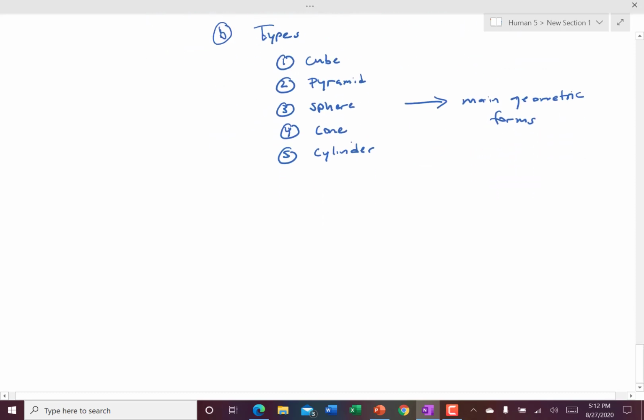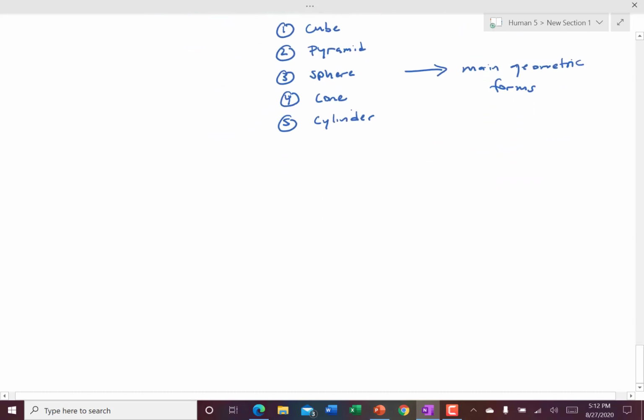So let's look at some examples. And this is a good one to show again how the shape makes up the form.